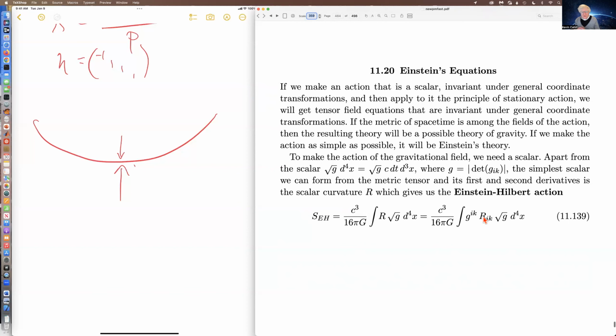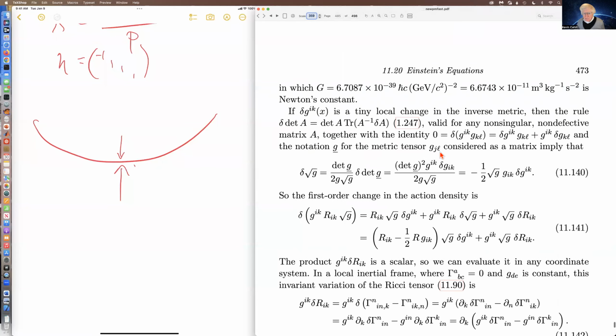So gravitational effects are small, and in fact, that's what we know, namely the gravitational field is quite weak. Here, G is 10 to the minus 39, written in terms of GeV and h bar and c, or equivalently, it's 6.67 and so forth, 10 to the minus 11.